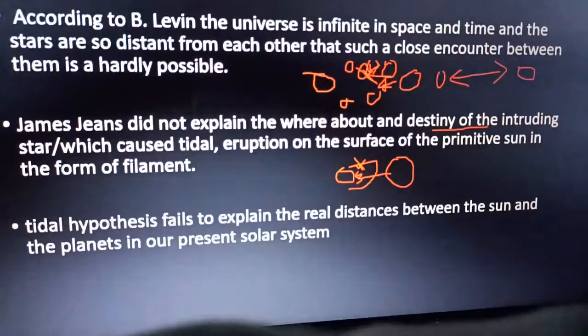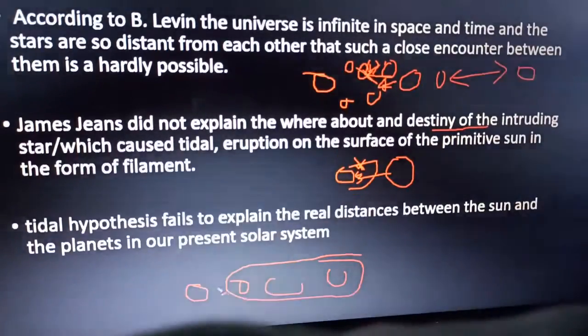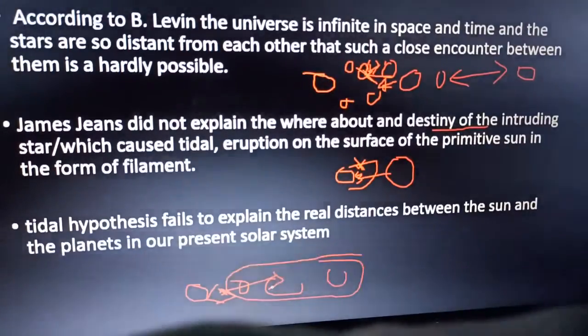Okay, next is that the tidal hypothesis fails to explain the real distance between the sun and the planets in our solar system. It is said that the planets were born abruptly from the filament, but what is the distance between each of the planets and our sun?